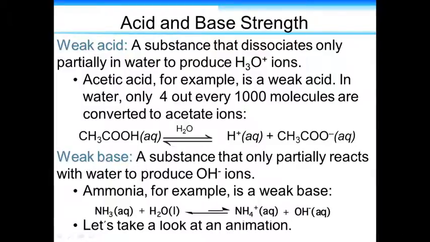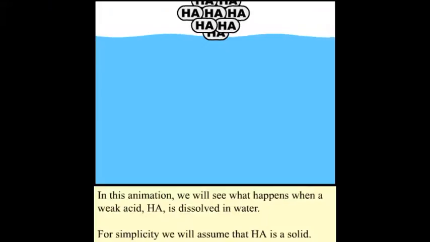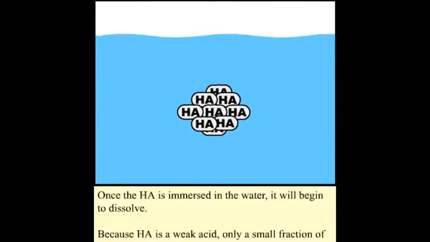Let's take a look at an animation of a weak acid. This animation uses HA to represent a weak acid. Again, the water molecules are left out for clarity. As soon as HA is immersed in water, it begins to dissociate.